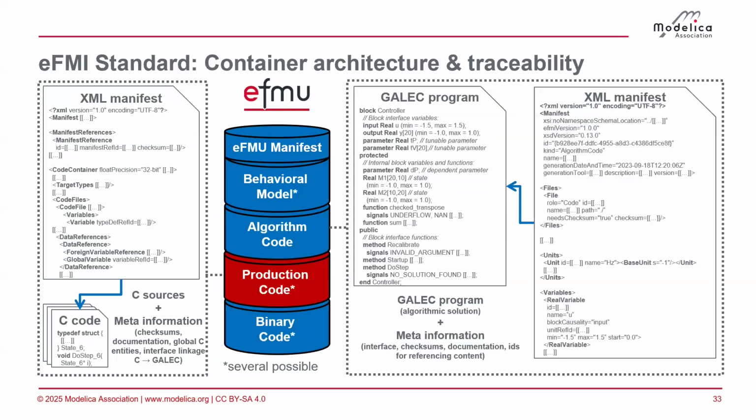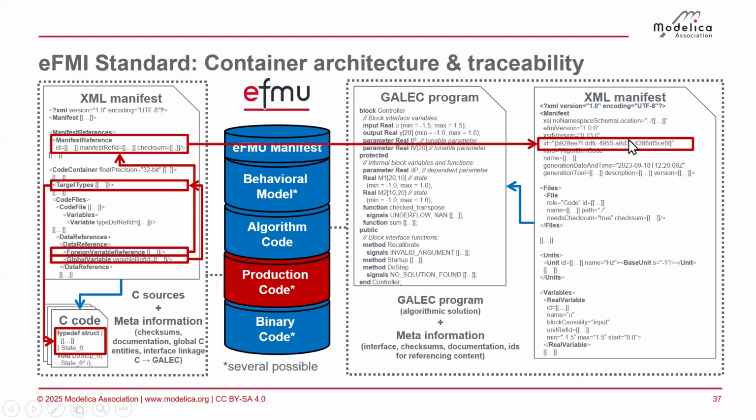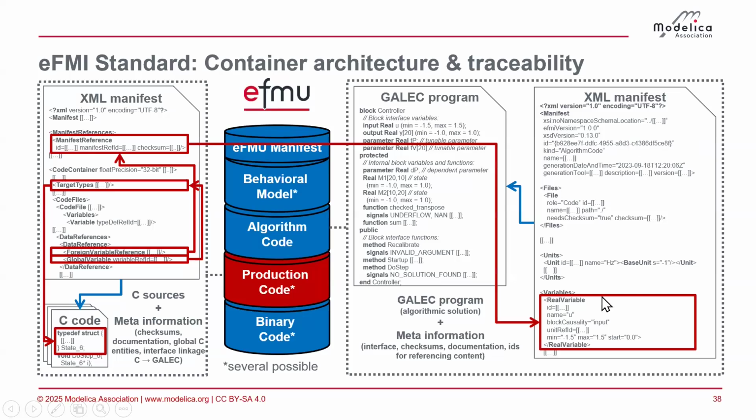So let's think about it. We have our algorithm code and a manifest, and we have the C code. And then, for example, we have this global variable reference, and we see, oh, this is going to a struct, components inside the struct, and they map back by a foreign reference to this algorithm code, and that's the variable u. So, okay, my variable u was put inside the struct.